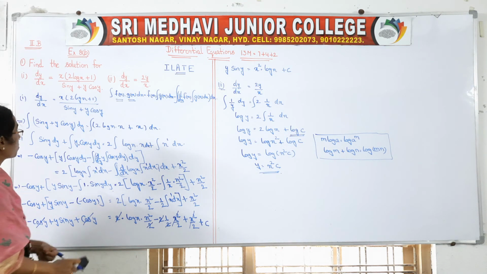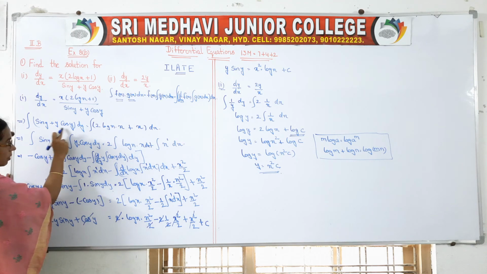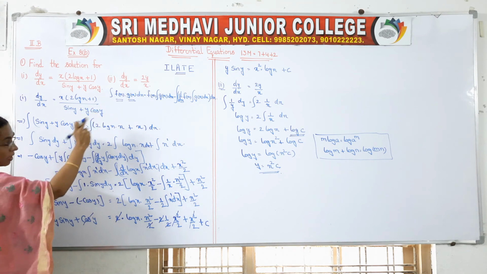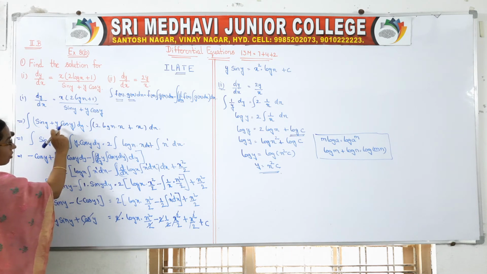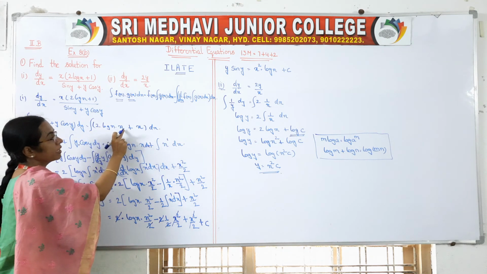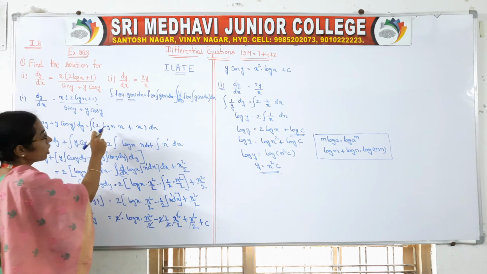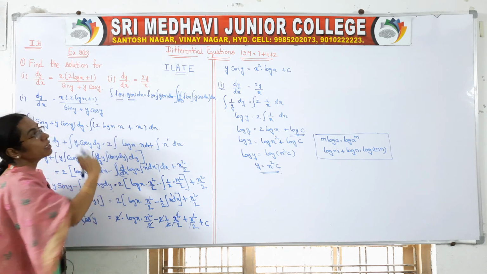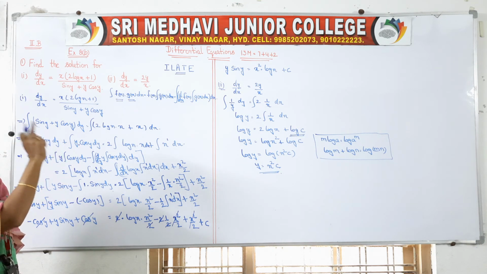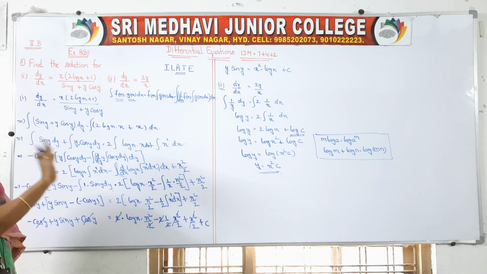Okay, so in this problem you are having algebra and trigonometry. Yes, algebra comes first, then trigonometry. So we can take this as f of x, this as g of x, and here it is log x into x, right? So logarithmic function, algebraic function. So in ILATE, logarithmic function and algebraic function are in this order.